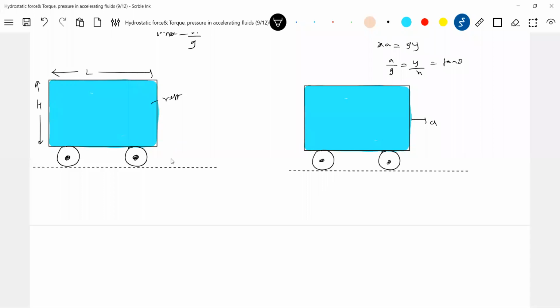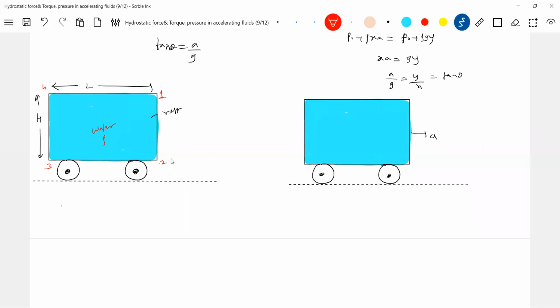What about the pressure at various points which I'm indicating? Pressure at 1, 2, 3, and 4. Fully filled up. Closed tank, no? So we'll call this a closed vessel. It is not exposed to atmosphere. Completely closed here, like a water tank. What can be the pressure at various points, 1, 2, 3, 4?